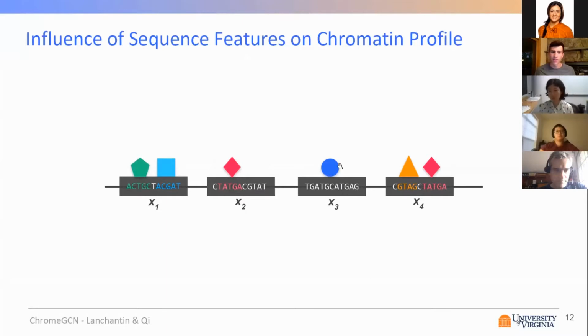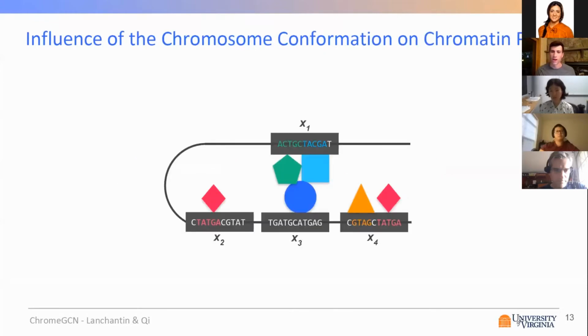However, some elements such as this blue circle, which might be representative of a different transcription factor, may be present with no sequence features in the window. One hypothesis for this is what's known as chromosome conformation, or the 3D genome, where DNA actually folds in the chromosome.